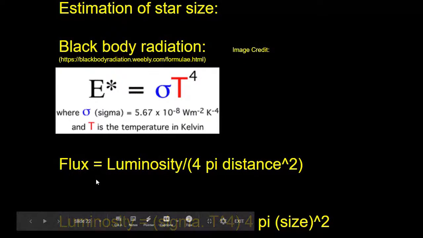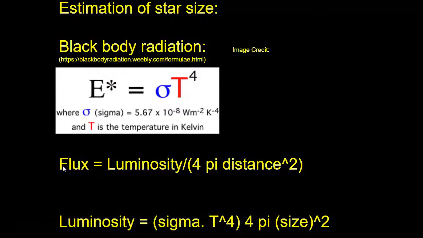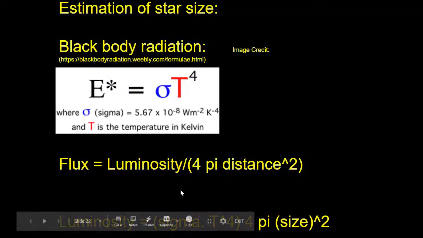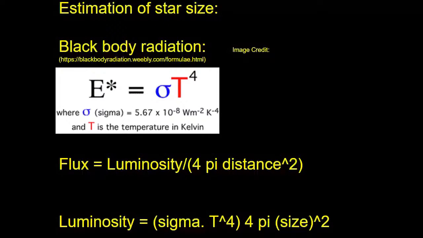Hence, I can find luminosity from the relation that the flux is luminosity divided by 4 pi times distance square. So luminosity is simply 4 pi distance square multiplied by the flux. Okay? So luminosity becomes flux times 4 pi distance square.